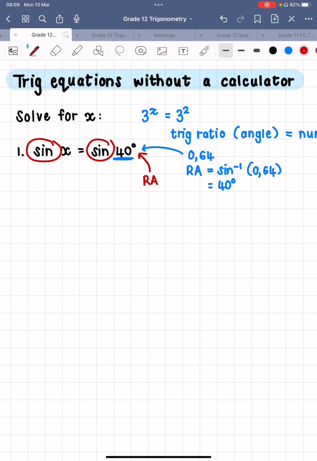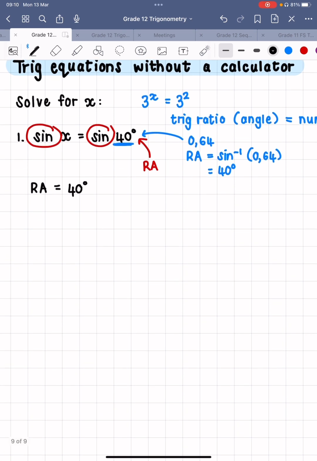But if it's just written as sine x equal to sine of an angle, we know that that angle is going to be the reference angle. So this you wouldn't write as part of your answer. You would just say reference angle is equal to 40 degrees, just by looking at the equation. Sine x equals sine 40, x has to be 40. The reference angle has to be 40.